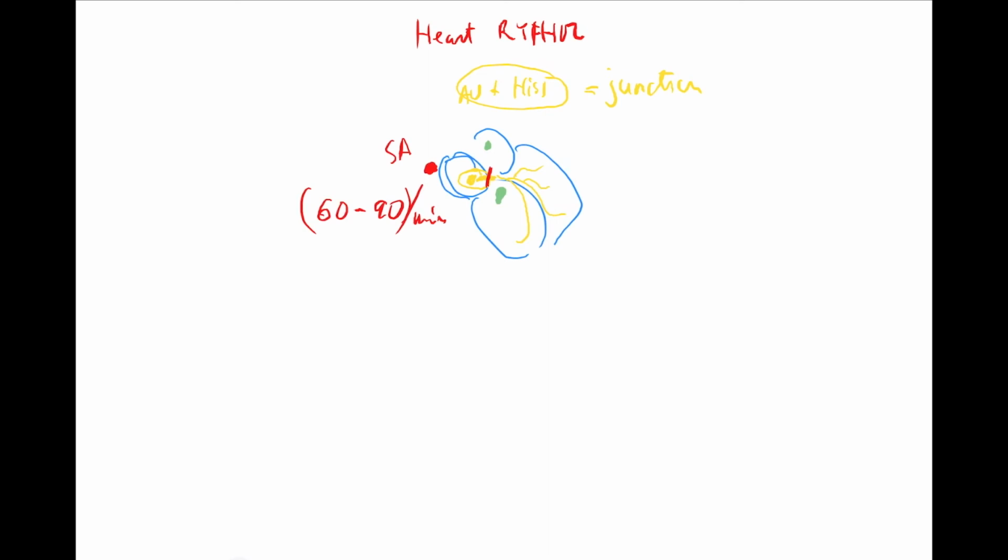Okay, but back to physiology. So remember, 60 to 90 for the SA node. AV node would be let's say 40 till 60, and then the ventricles, let's say 30 till 40. Okay, and this is in case there is no other pathological pacemaker that would be faster. But if something faster appears over here, then this one is going to go 150.